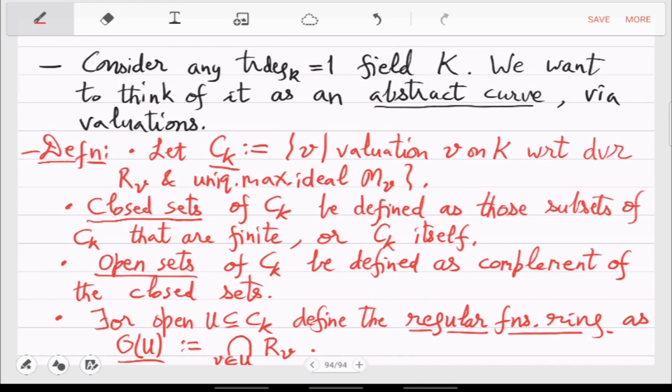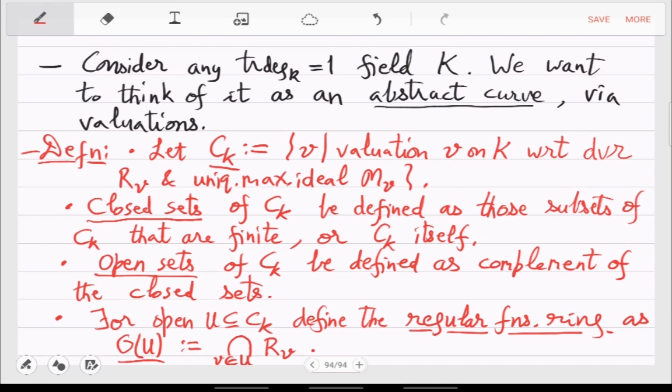So what is the intuition for this? Basically pick an element f in R_V, in the DVR R_V. How can you evaluate it on V? What is the interpretation that an f in R_V is evaluated on V? So you want a base field result. So what you should do is think of that f modulo M_V.